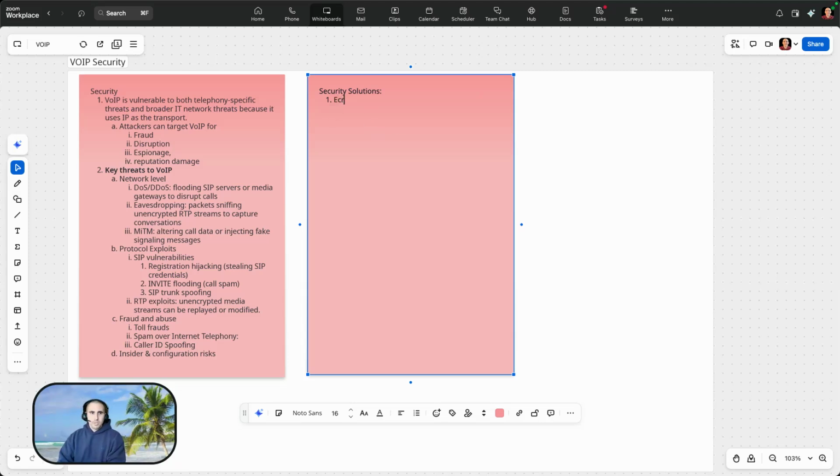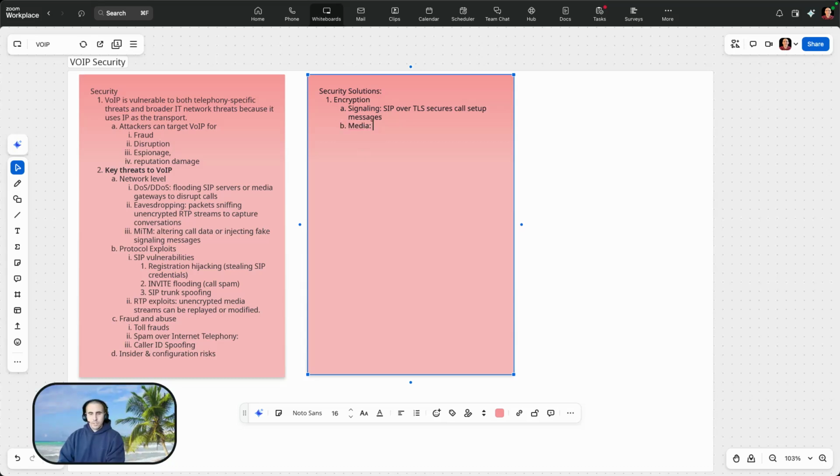So number one is going to be encryption. For signaling, SIP over TLS secures call setup messages. So that's really important.